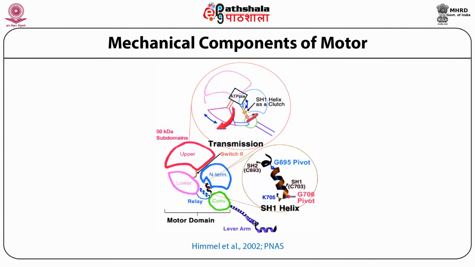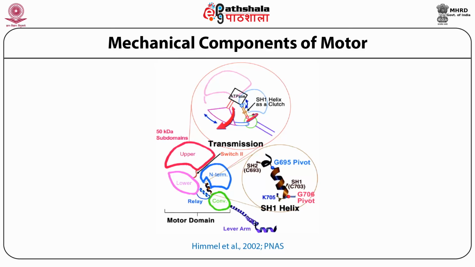On the basis of these structures we have shown here and several structures reported by other groups, several motor mechanisms have been proposed. I find this mechanism is easier for the students. Here the myosin motor is represented as a simple structural transmission.